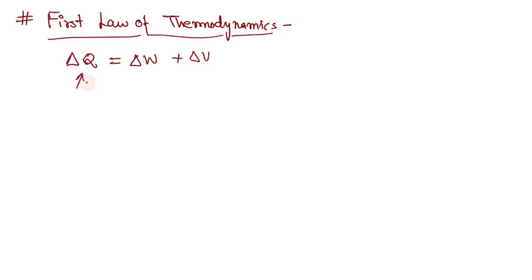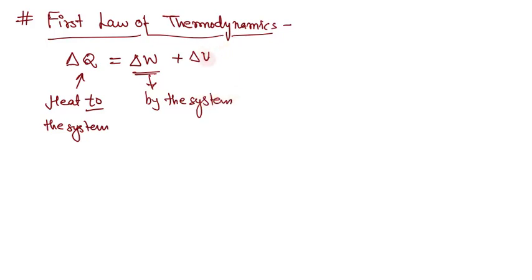So when you give some heat to the system, it will do some work, work done by the system, and it will increase some internal energy. U denotes the internal energy of the system, or in differential form we can write it as dQ is equal to dW plus dU.